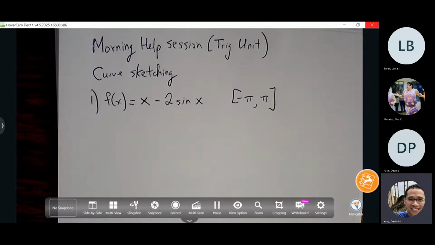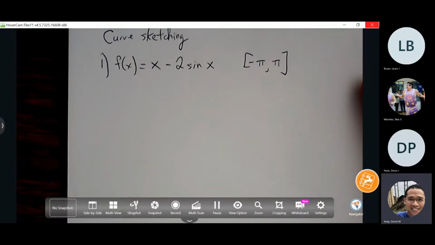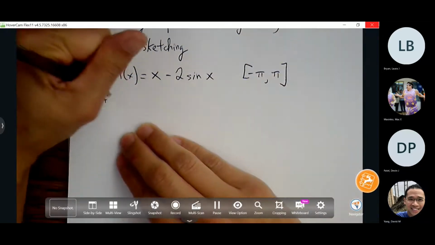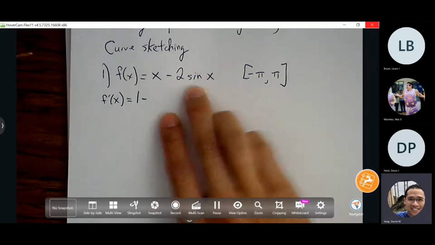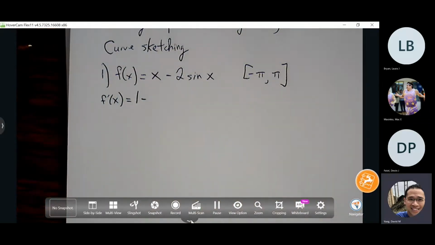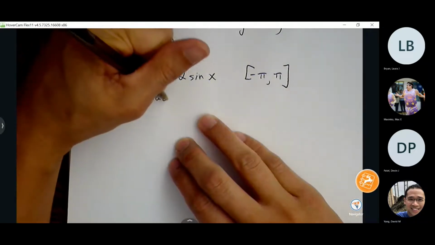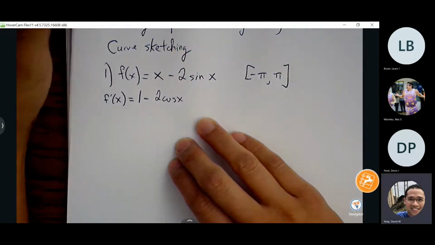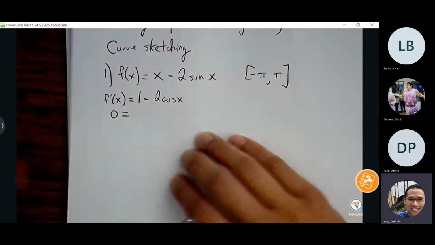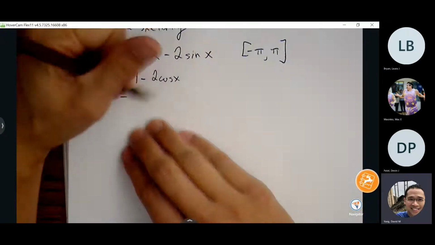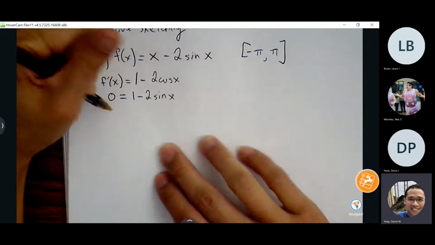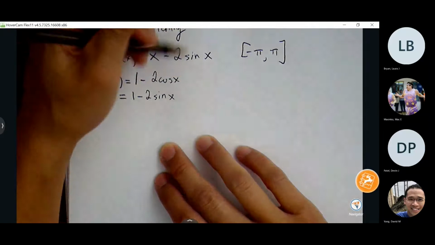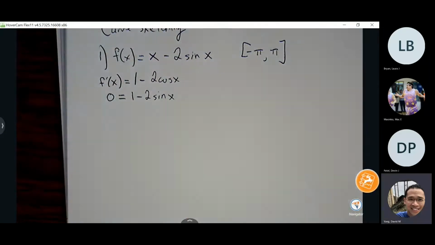Okay, gather all the information that we need. x becomes 1, 2 sine x becomes 2 cosine x. Set f prime equal to 0. I'm sorry, 2 cosine x. We're going to change right back.